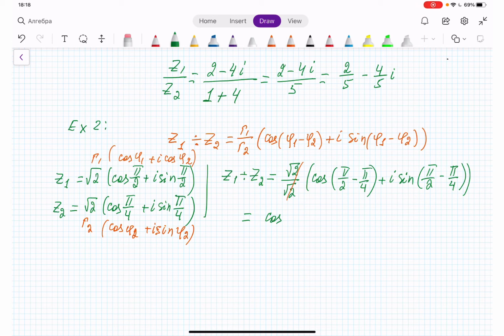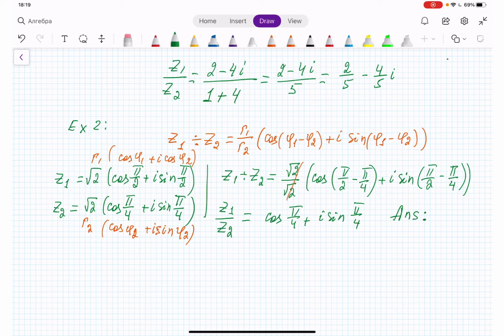So it's going to be cosine quarter of pi plus I sine also quarter of pi, and this is going to be the quotient. Okay, and this is our answer for z1 divided by z2.